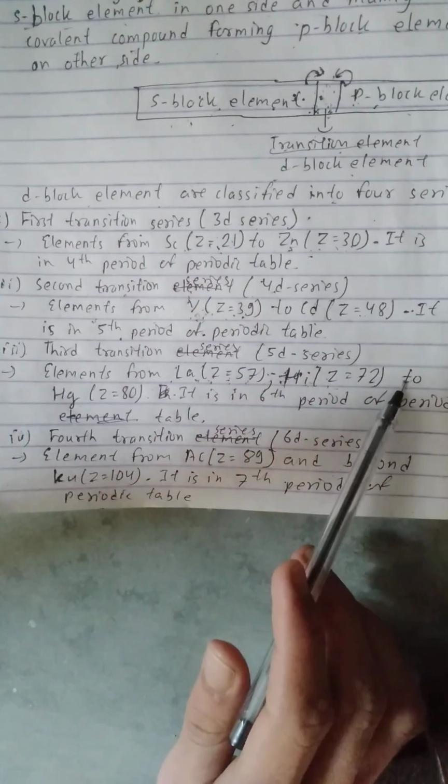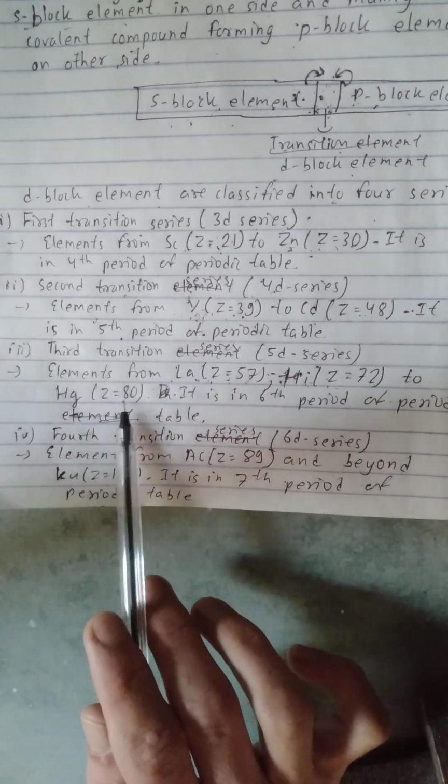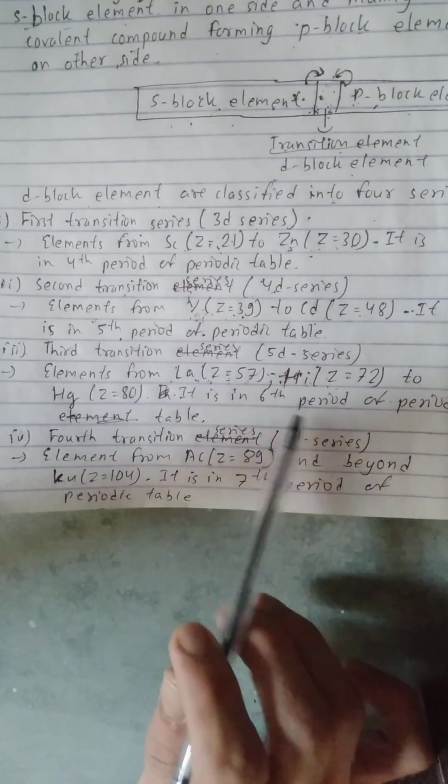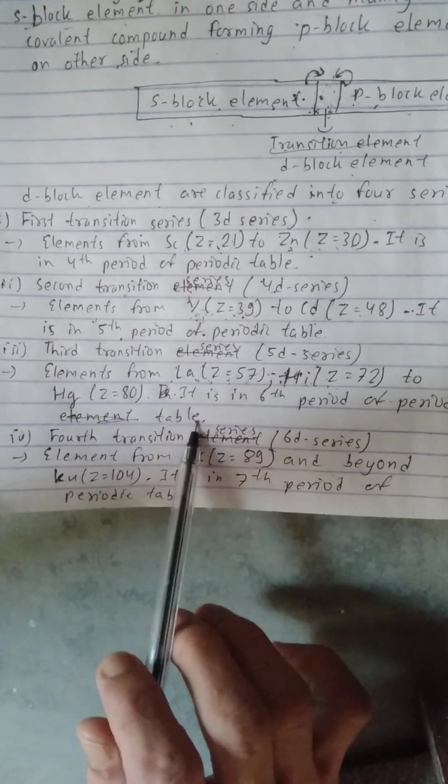All elements from Z equals 72 to Z equals 80 are third transition elements, and they always lie in the sixth period. If you look at the sixth period, you will automatically find this third transition series.